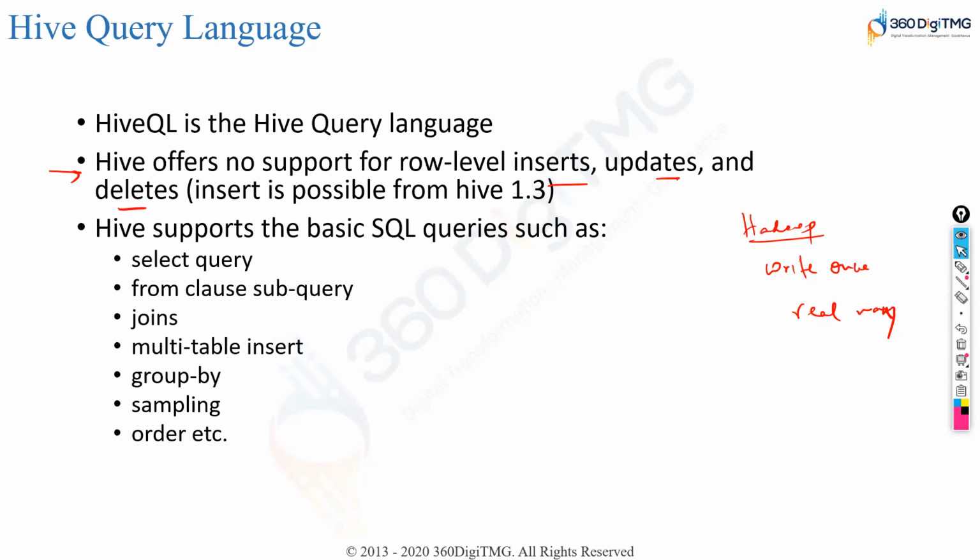But from version 1.3, the insert option is given. And you can say Hive is nothing but SQL on top of Hadoop. Okay, so that's basically your Hive history and how it works.